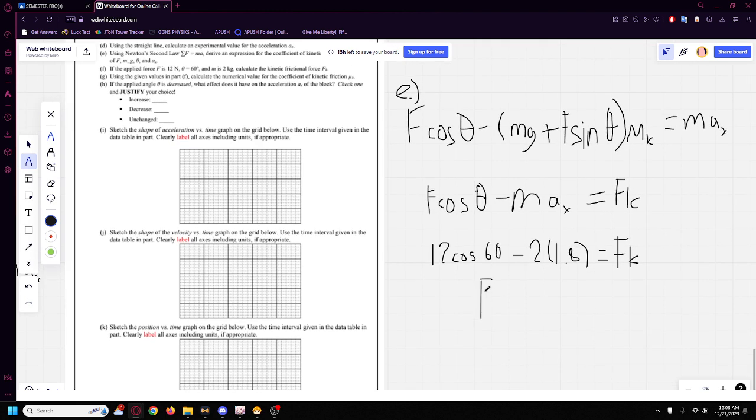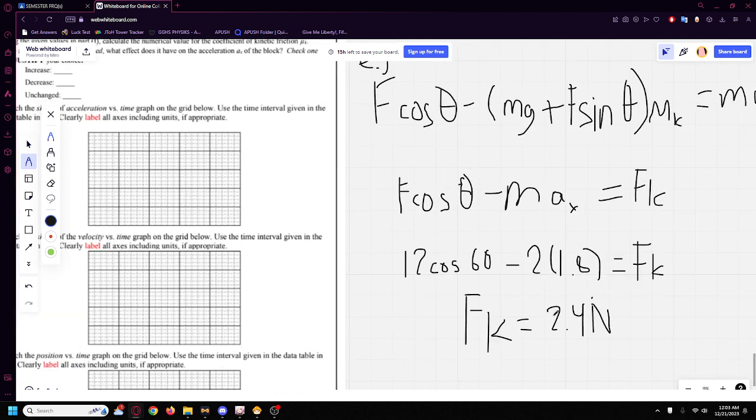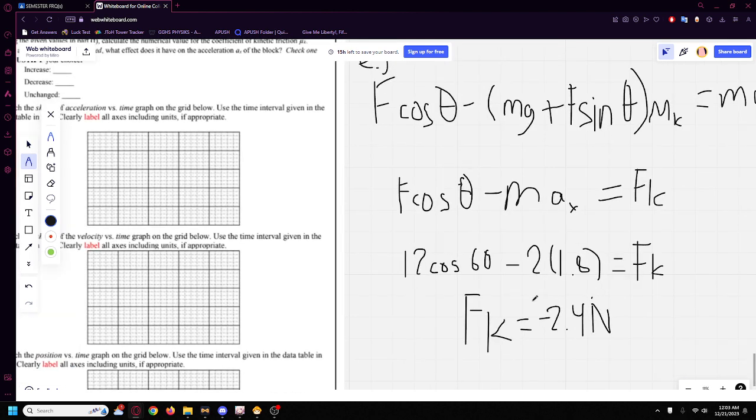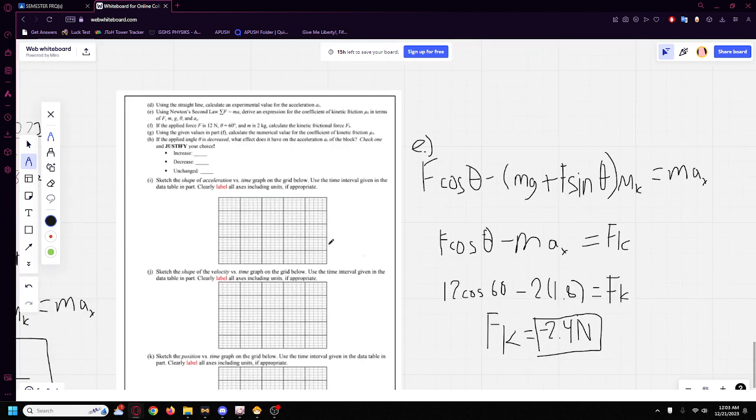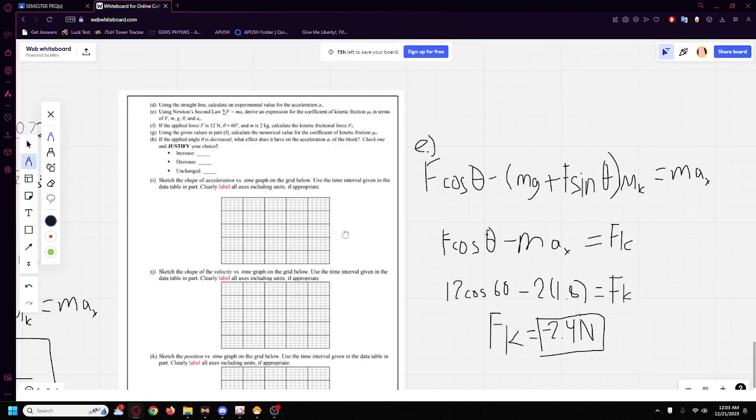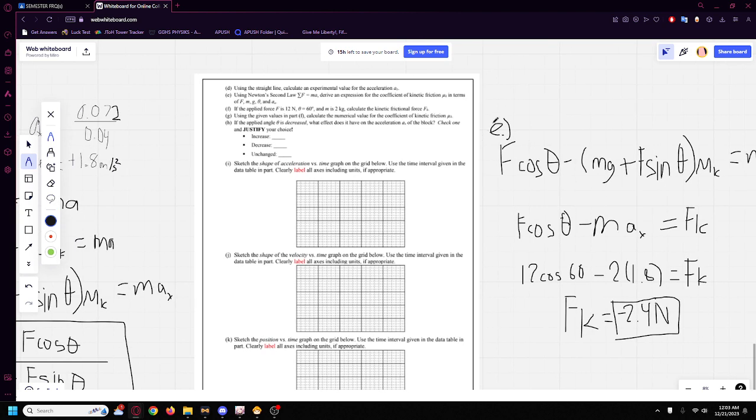Fk is equal to 2.4 newtons. And this will be negative because it goes against the line of motion. Oh, that is part F.